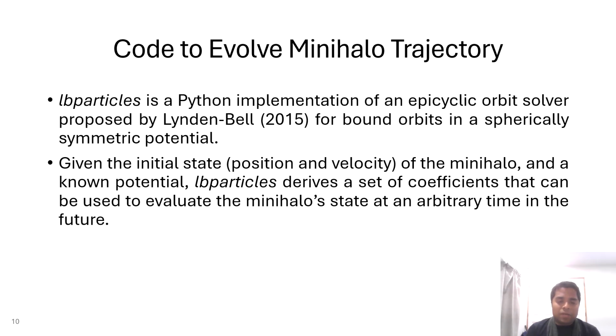The state of the mini-halo is given by its position vector and velocity vector. Given the initial state of the mini-halo and a known spherically symmetric potential in the galaxy, LB Particles derives a set of coefficients that can be used to evaluate the mini-halo state at any arbitrary time into the past or into the future.